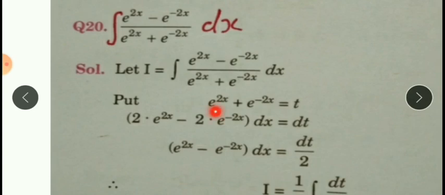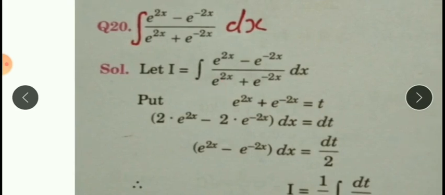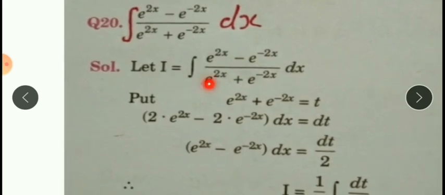Consider denominator e raised to 2x plus e raised to minus 2x is equal to t. See, this is denominator. Consider this denominator as t. e raised to 2x plus e raised to minus 2x is equal to t.